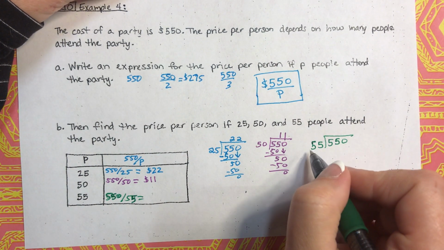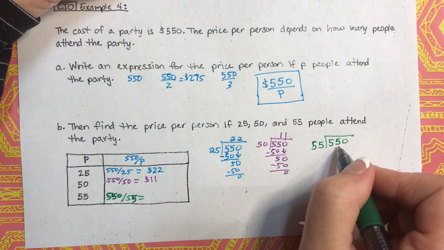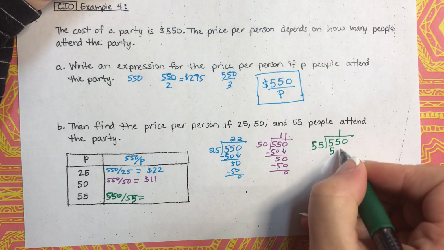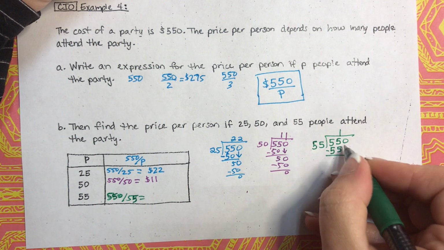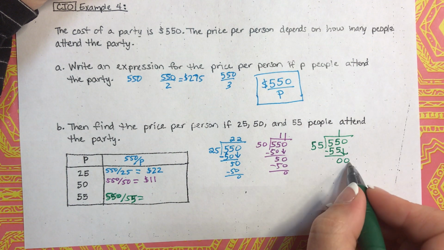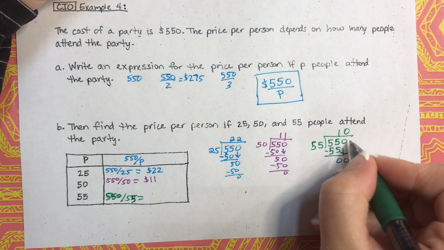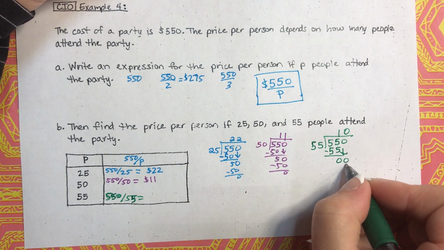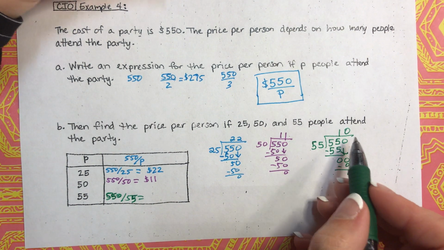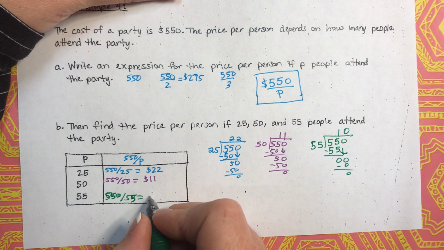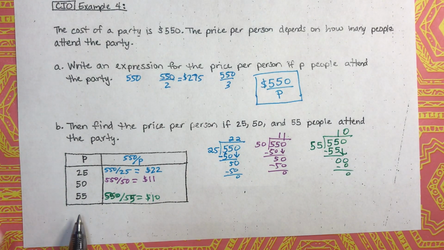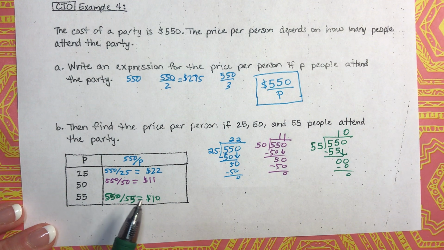Okay. 55 doesn't go into 5. Does 55 go into 55? Yes, it does. 1 time. 1 times 55 is 55. There's no remainder. So then we drop this down. Does 55 go into 0? It does not. 0 times 55 is 0. And no remainder, so that's it. So there you go, $10. That's what the price would be per person if 55 people attended.